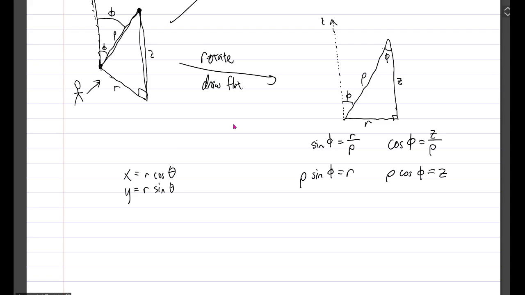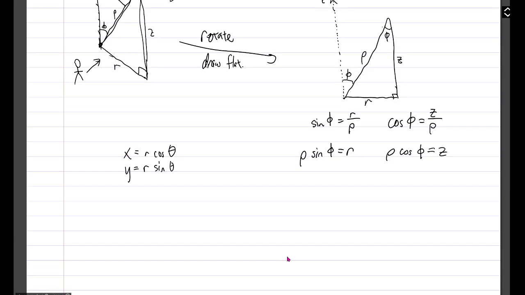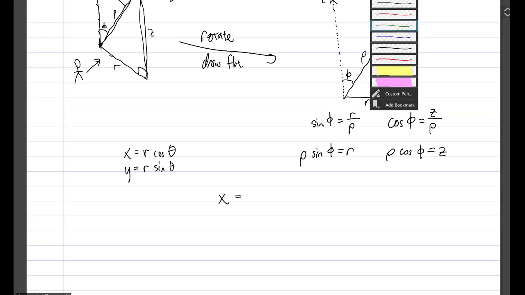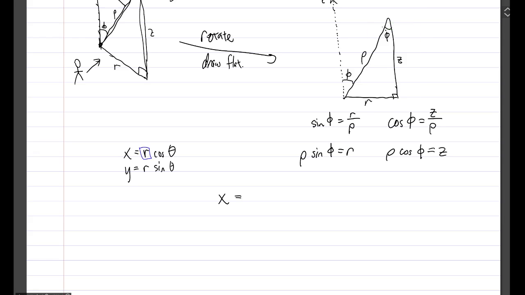And let's do something with this. I'm going to rewrite x equals r cosine theta, except I'm going to make a replacement. Instead of writing r, I'm going to replace the r with rho sine phi, which we have right here. So this r that's right here, let me use some color just to make this clear, I could replace r with rho sine phi.